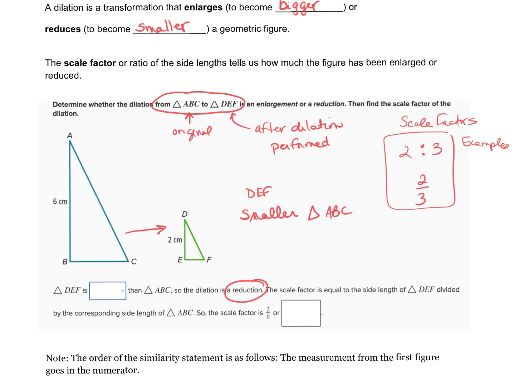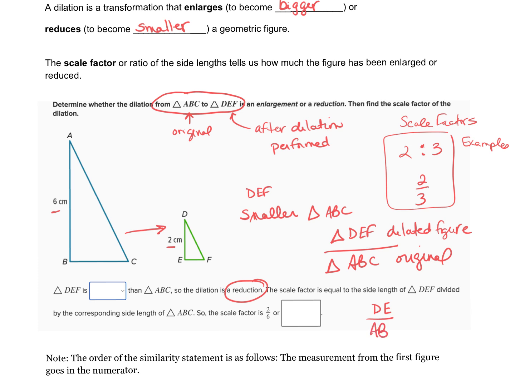Okay, so how do I determine the scale factor for ABC and DEF? Well, I'm going to write the fraction such that the triangle DEF, or the dilated figure, is in the numerator, and the original is in the denominator. Okay, so here we have only a single set of values. So we know that DE is the figure after the transformation or after the dilation.